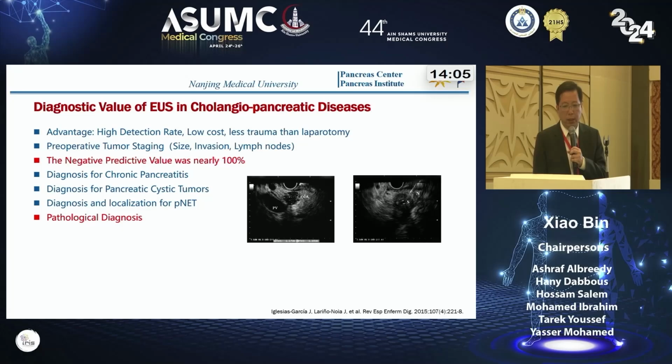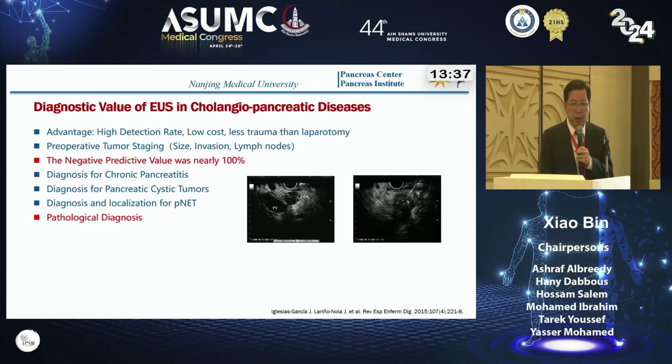Let's start with EUS. EUS has the advantage of a high detection rate, not high resolution but high detection rate, and low cost, with less trauma than laparotomy. It can be used in tumor staging, chronic pancreatitis, pancreatic cystic tumors, and PNET.